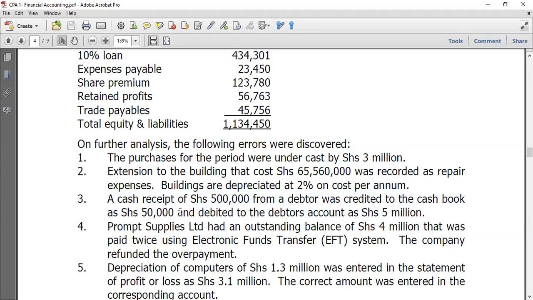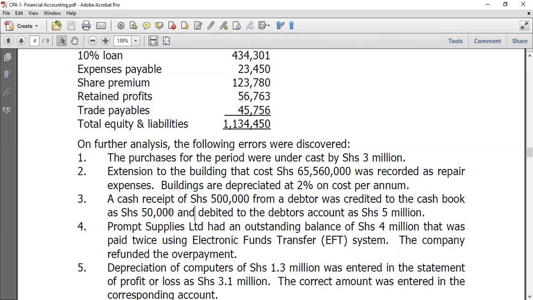So the effect on the debit side is different from what is on the credit side, okay? So it has a suspense involved. But even before you think about what to do with suspense, first correct what you understand. So what I'm going to do is, a cash receipt of 500,000 from a debtor was credited to the cash book as 50,000. So I'm first going to correct what was done, okay?